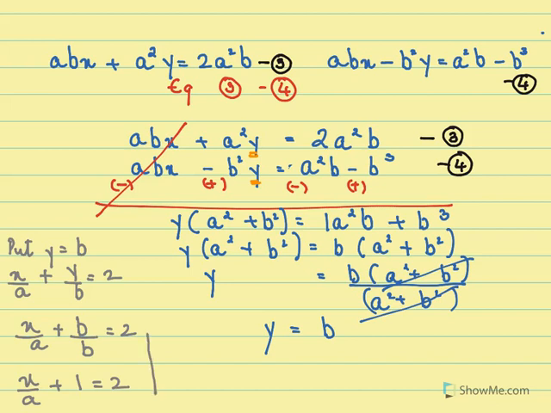So we'll have x over a equal to 2 minus 1, x over a equal to 1. So we'll have the answer x equal to a. So my answer for this is x equal to a and y equal to b.